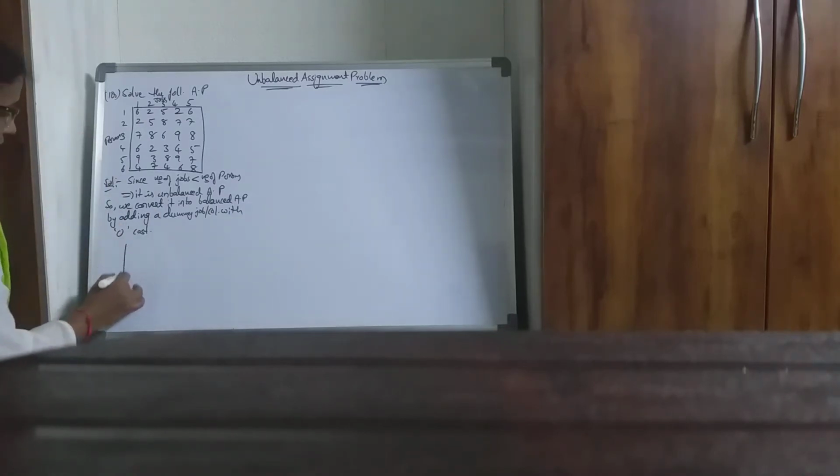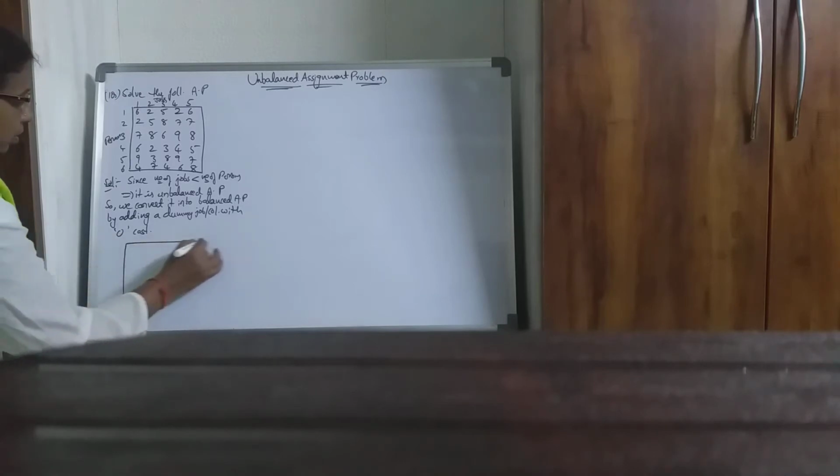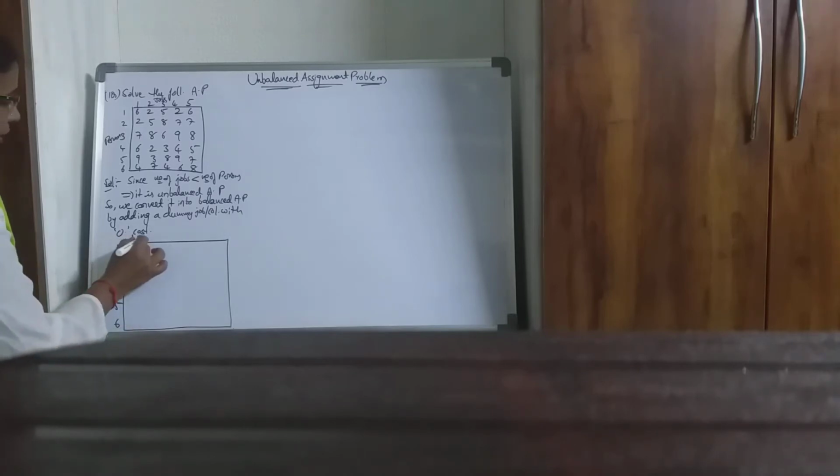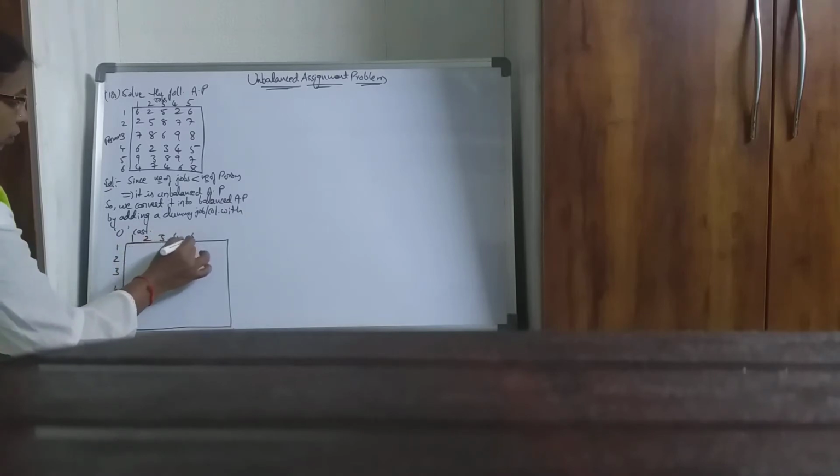So how to draw that? I will draw it here. Rows 1, 2, 3, 4, 5, 6 and columns 1, 2, 3, 4, 5.